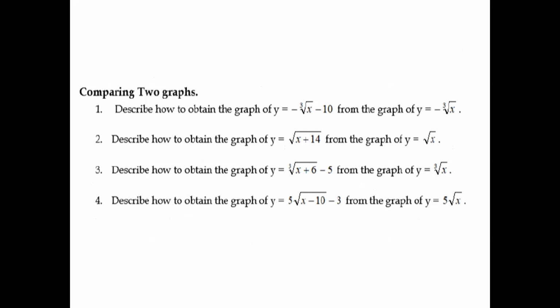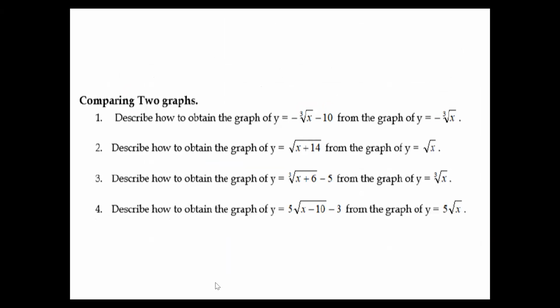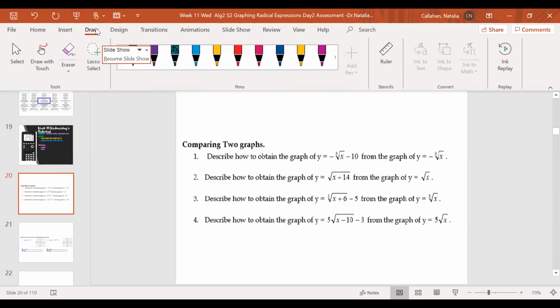All right, so yesterday we went over two different types of graphs and how you transform them. We went over square root and we also went over cube root. You should have a pretty good generalized idea of how they look. So I'm just going to draw right here so that I have it.